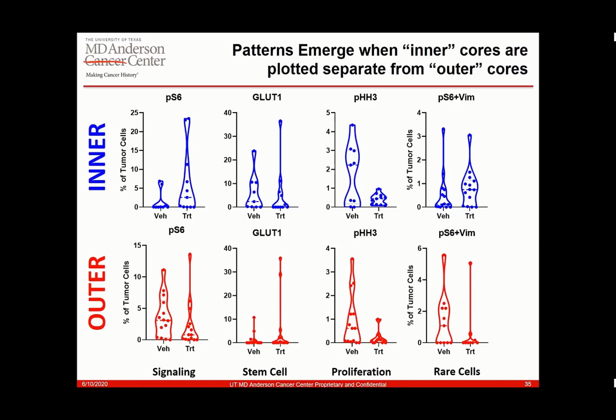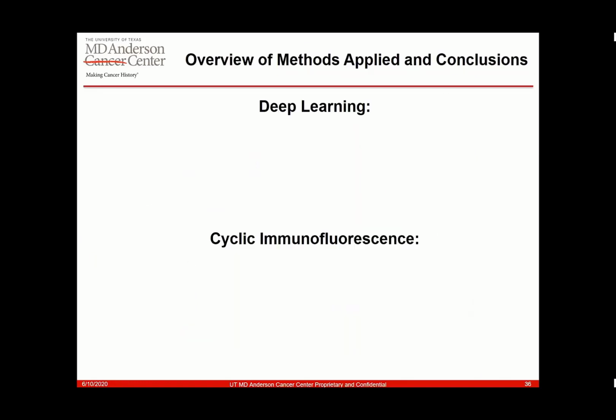You can actually see that if it was more well distributed before, after this particular treatment, the prominence of the S6 and vimentin on the outer part of the tumors is basically gone. It's basically zero.